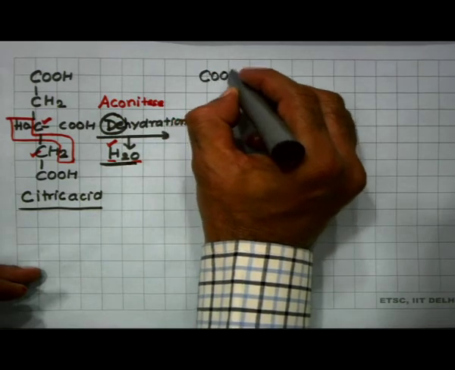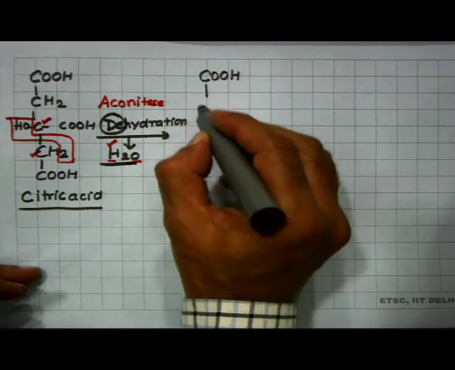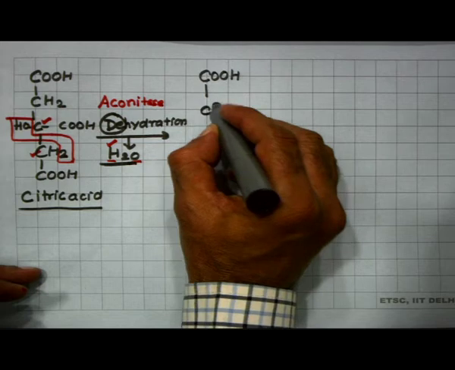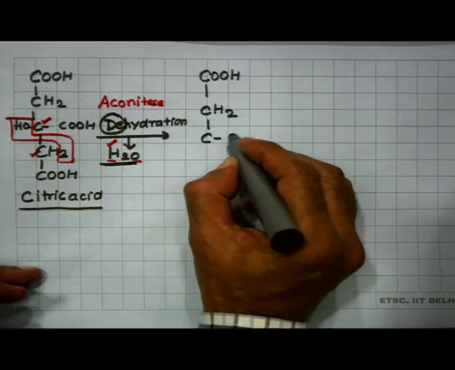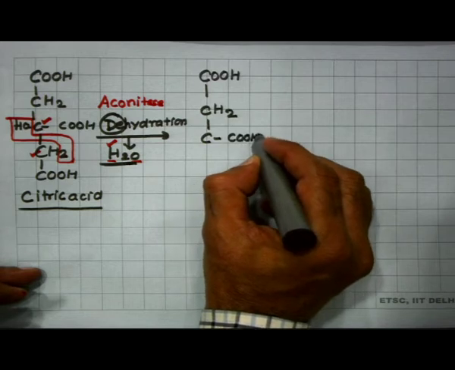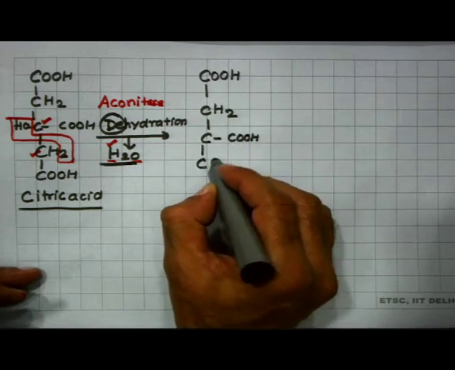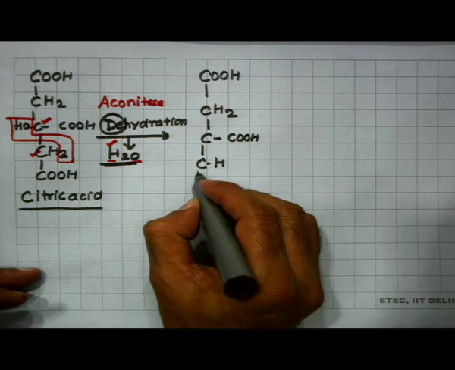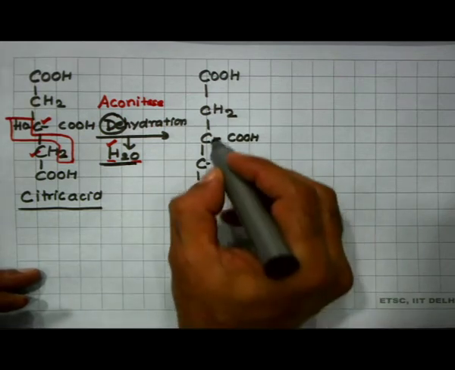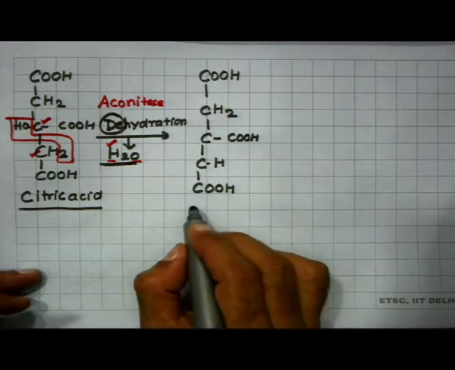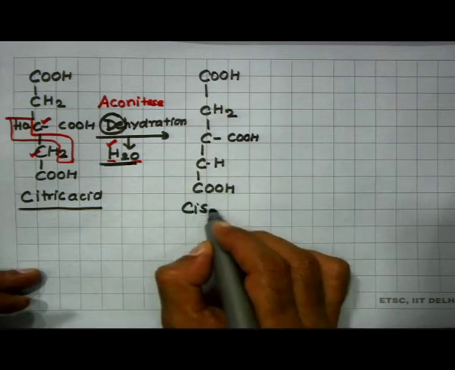See, after removing the water from the citric acid, the rest is COOH. Here only CH remains, and COOH. Now, this is called cis aconitic acid.